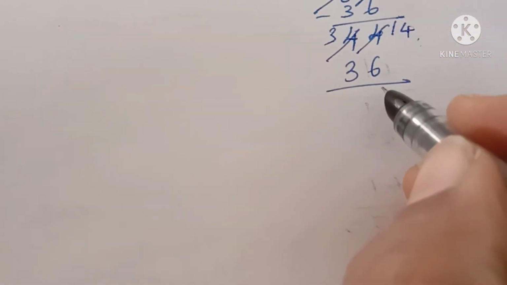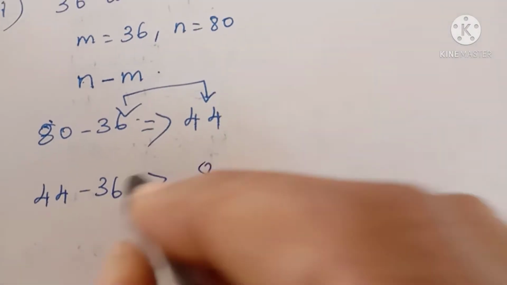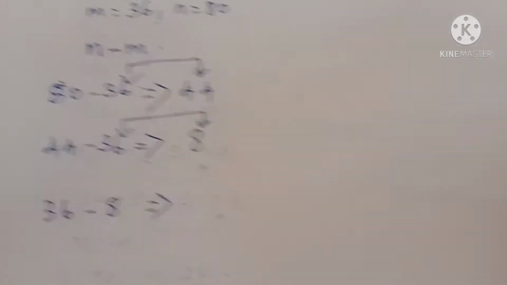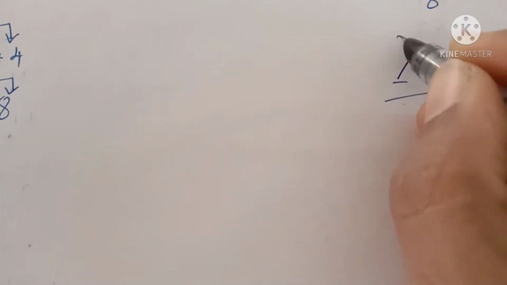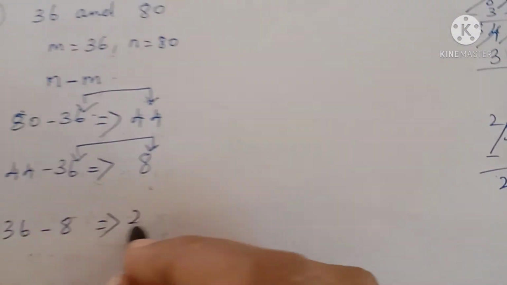14 minus 6 is 8. Then 36 minus 8. 16 minus 8 is 8. Then 28.